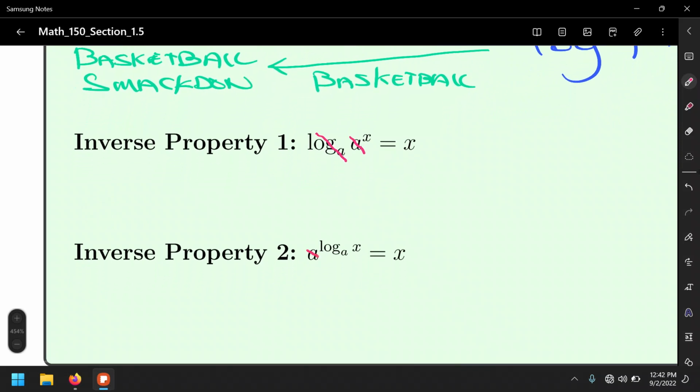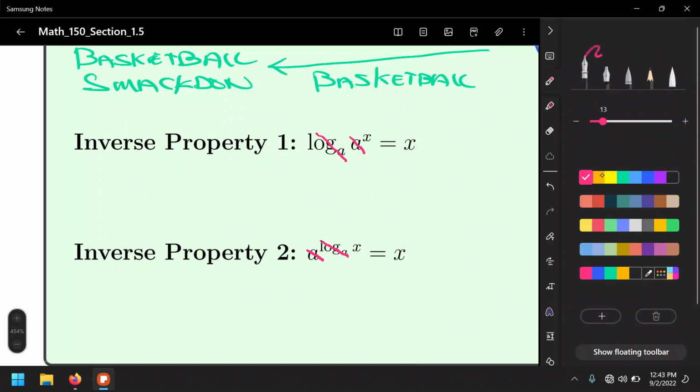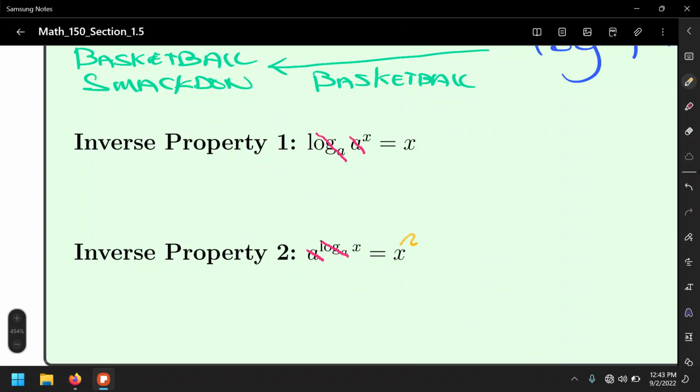Likewise, a raised to a logarithm of the same base cancel each other and output x. But we need to be very careful, because for the first property, x can be any real number, because we have the exponential function, and the exponential function doesn't have any restrictions.